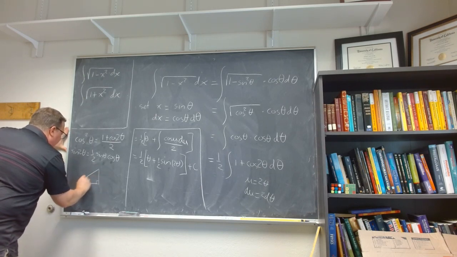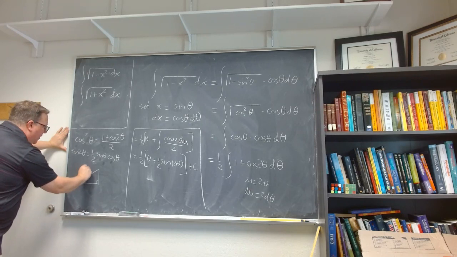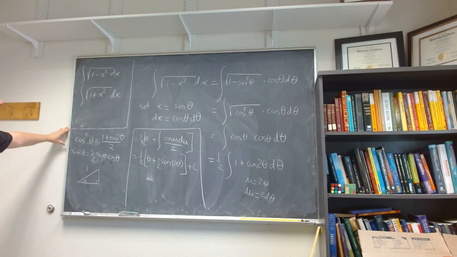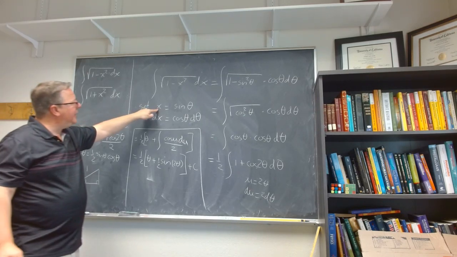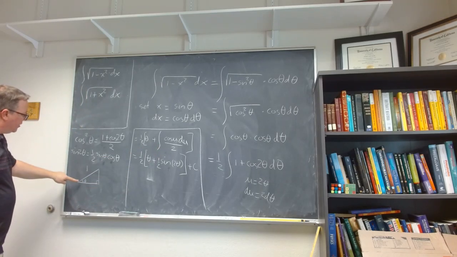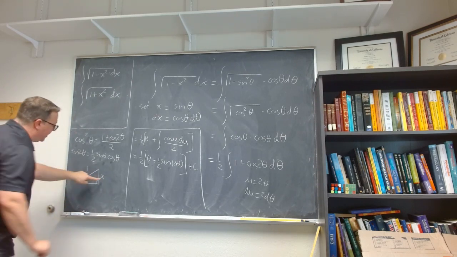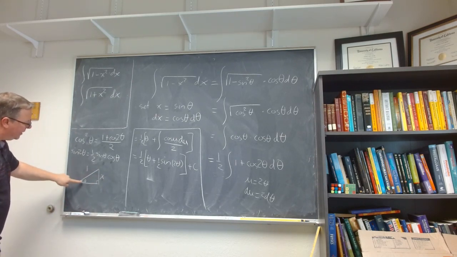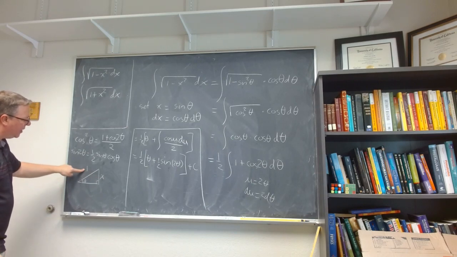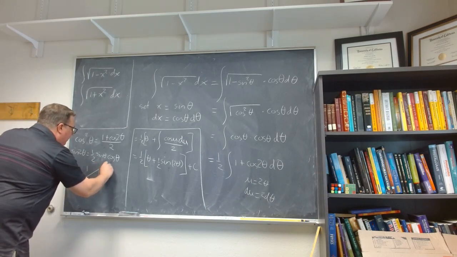So if this is theta, this length here is 1, right? And x is the sine of theta. So the sine of theta is going to be x over 1. It's opposite over hypotenuse. So this is x, this is 1.